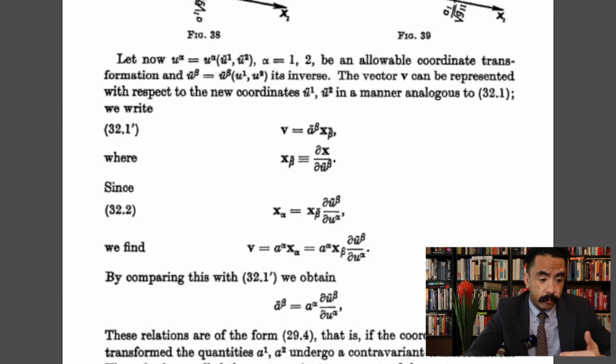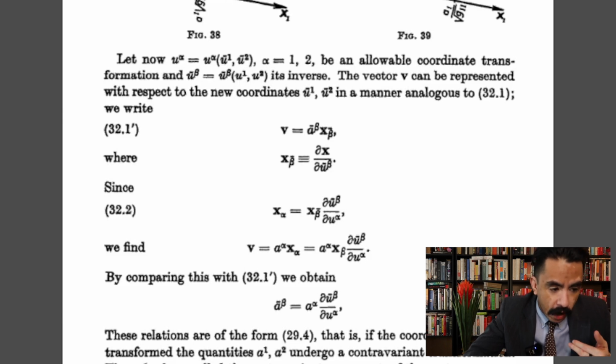Now, since x sub alpha is equal to x sub beta bar times partial u bar beta partial u alpha, we find that the vector v is equal to a superscript alpha times vector x sub alpha, which is equal to a superscript alpha times x sub beta bar times partial u bar beta partial u alpha.